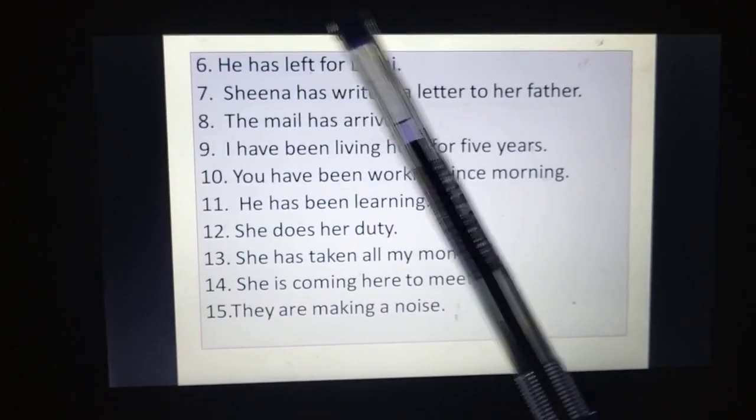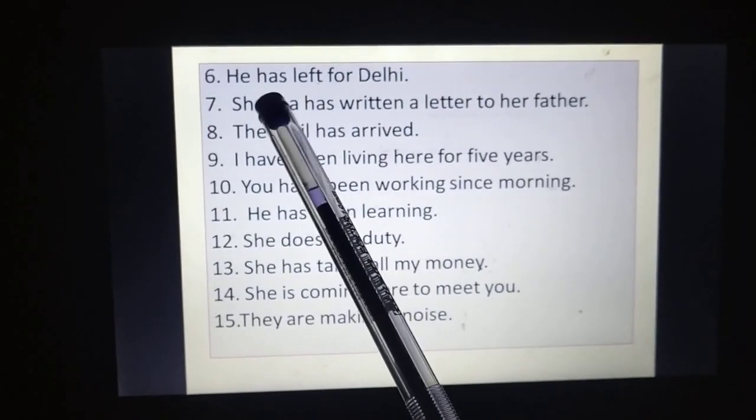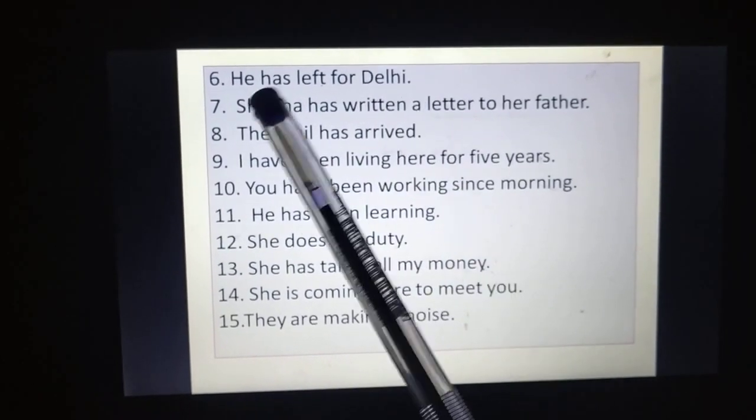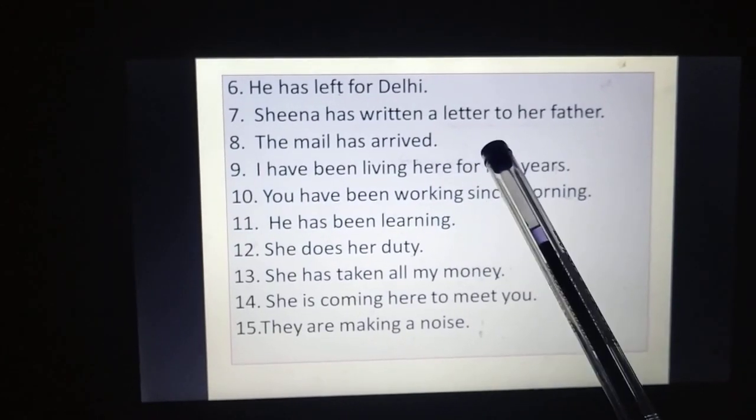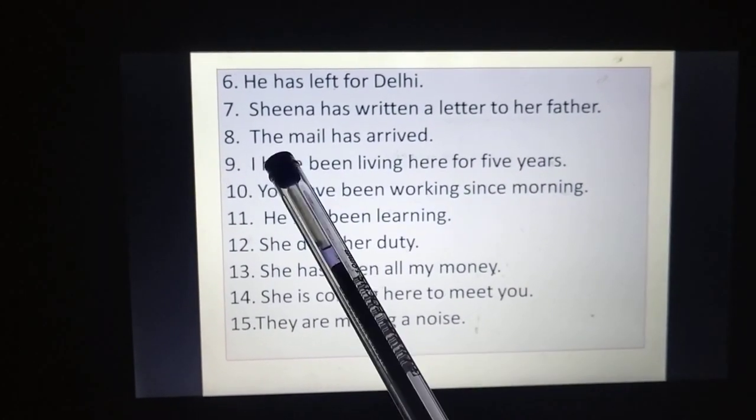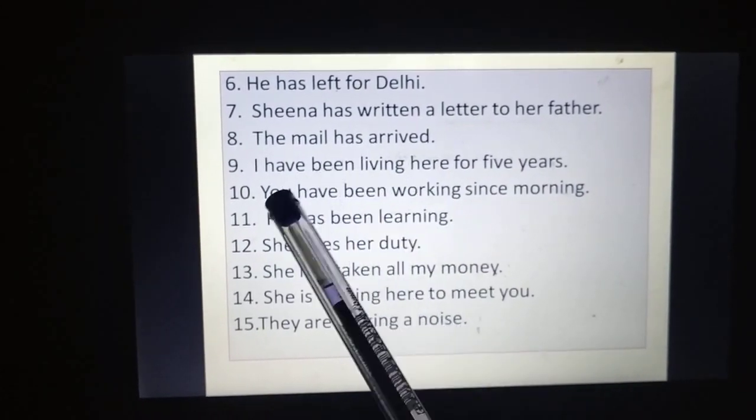Sixth, he has left for Delhi. Sheena has written a letter to her father. The mail has arrived.